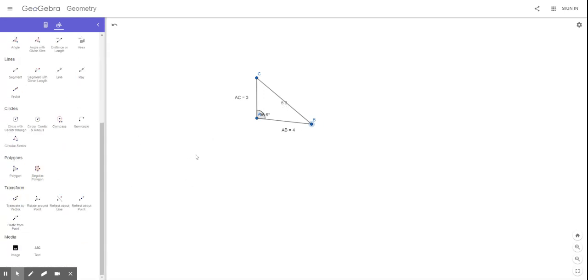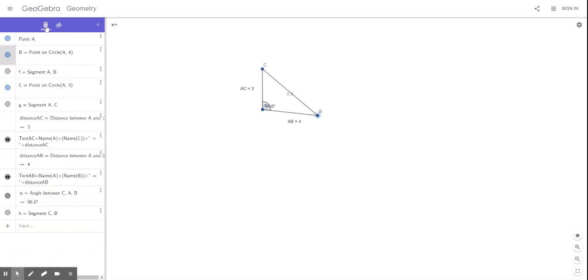So if we do 5.3 squared, I'll pull up a calculator on my screen here. 5.3 squared is 28.09.